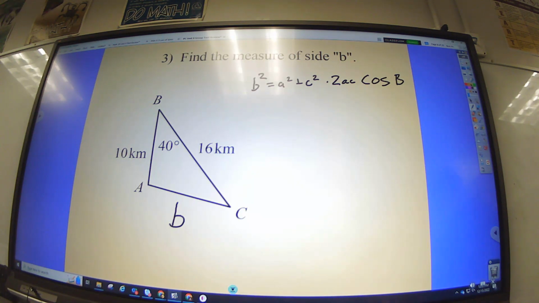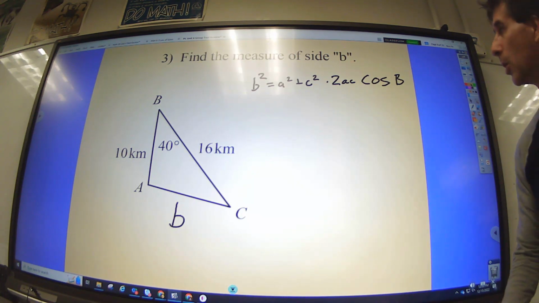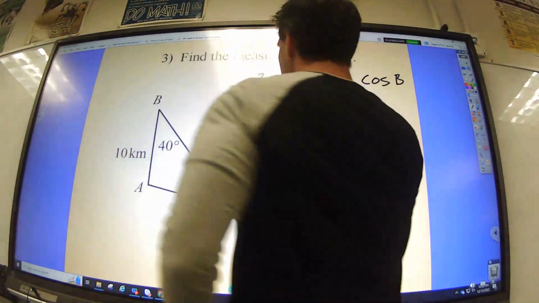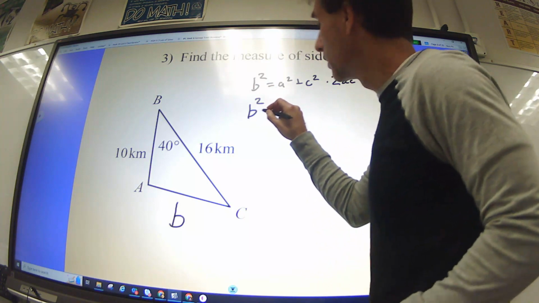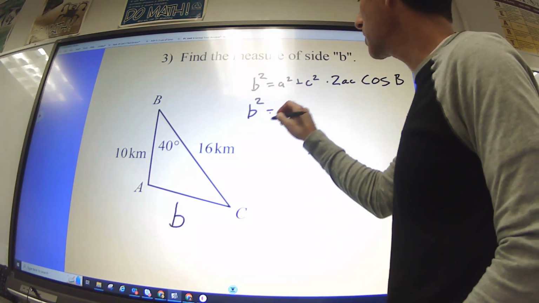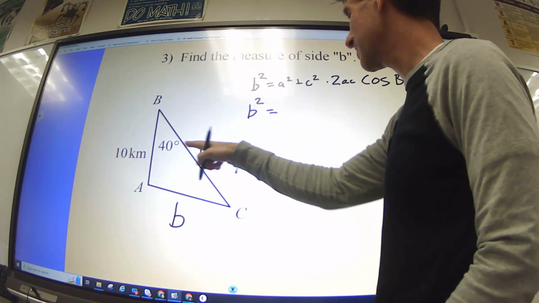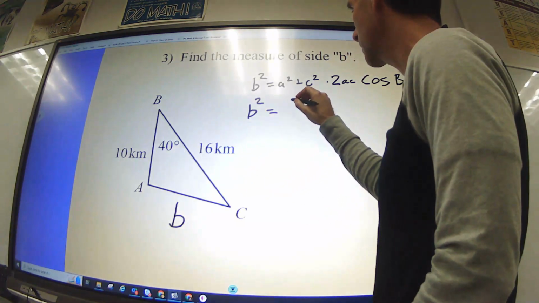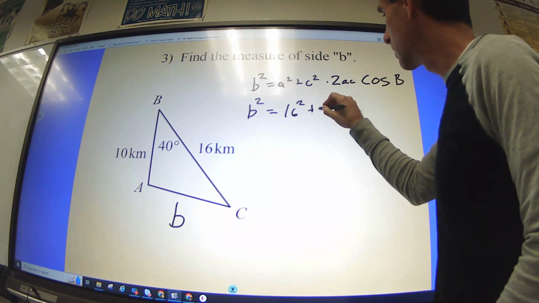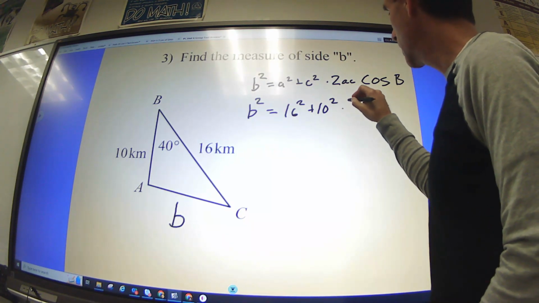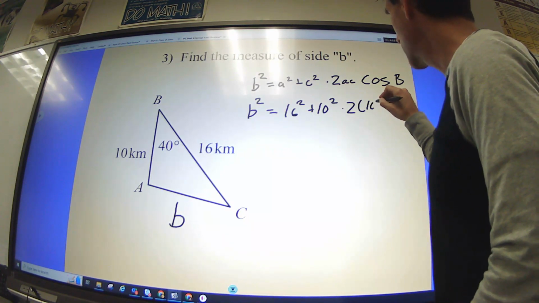52 is 26 and 2. 26 is 2 and 13. I got 2 2's, which is square root of 2 times 2 times 13. 2 times 2 is 4, right? Square root of 4 is 2. So 2 root 13.